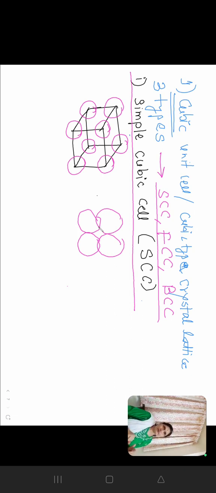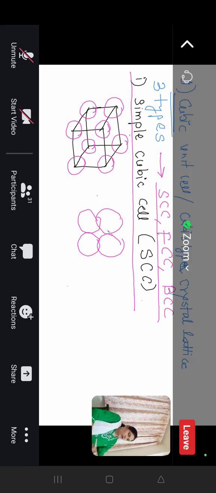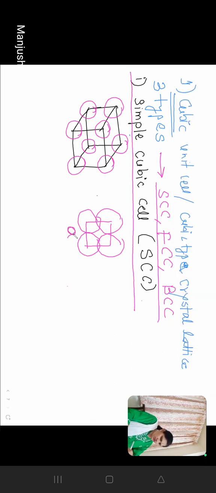Followed or not? Yes, ma'am. Now here again you have to measure this distance, that is A. This distance is A. A is the edge length.